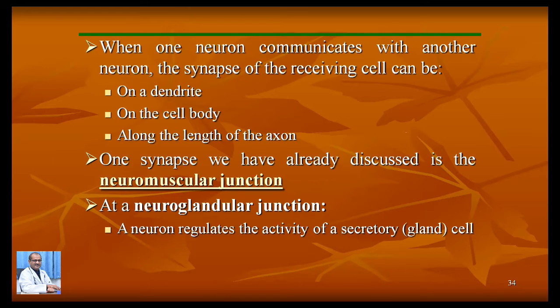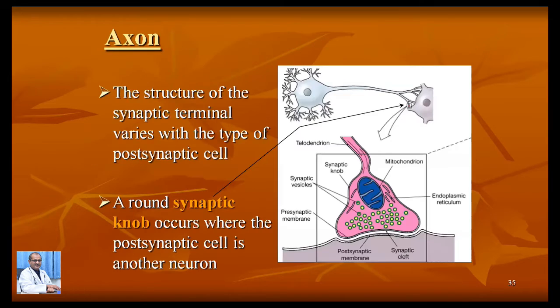At a neuroglandular junction, a neuron regulates the secretion of a gland, because it is going to contract or relax the smooth muscles of the gland. Glands are constituted of smooth muscles, whereas skeletal muscles are attached to the bone.